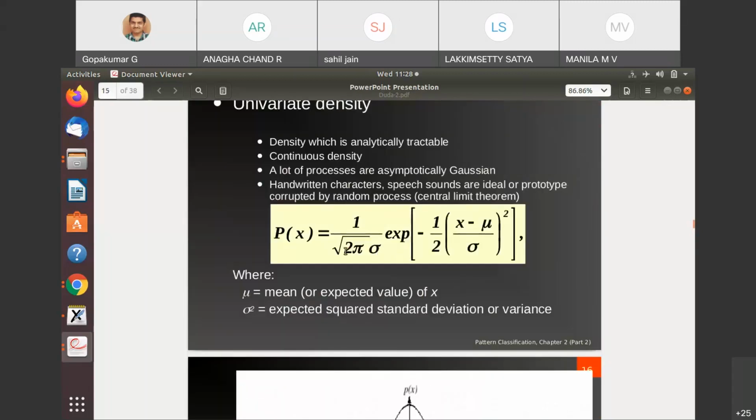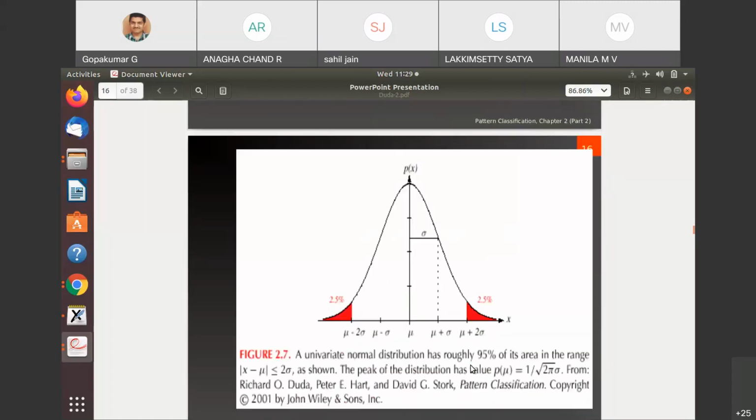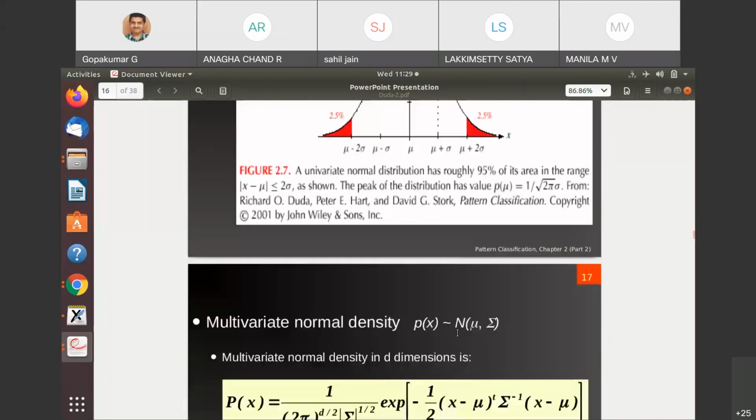Only this term remains. So the peak value is determined by substituting x equal to mu, and this is how the curve will look.